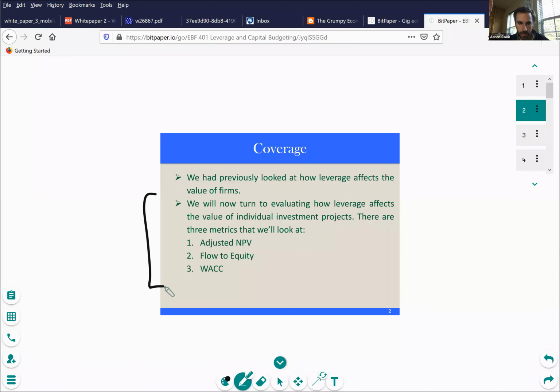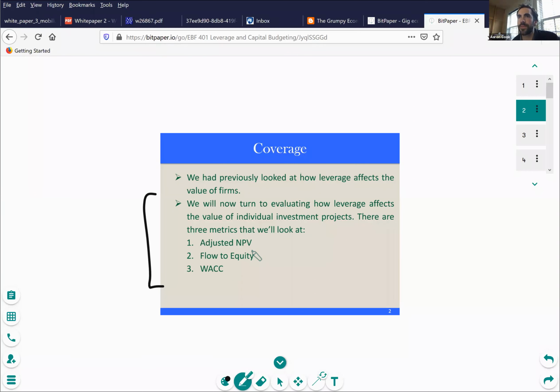Flow to equity is going to be a method where we consider what the cash flows of a particular investment project are after interest has been paid. So you deduct interest from the cash flows of the project.